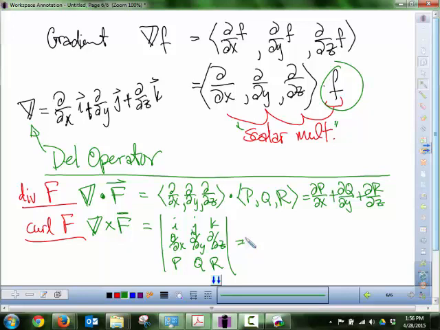Unless you can program this into your calculator, then good for you. But the result here will play an important part in looking at gradient fields. These are arbitrary vector fields, not necessarily gradient fields, but for a gradient field, something special happens here. You're taking the curl of a gradient.